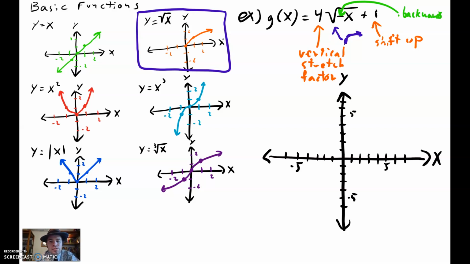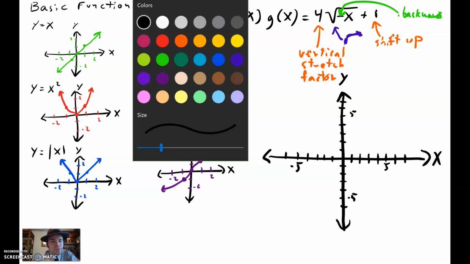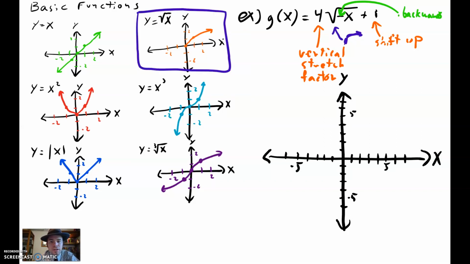Okay, so I'm going to shift up 1, and that's our only shifting, so that tells us where to start this particular graph. We're going to start it up here, shift it up 1.